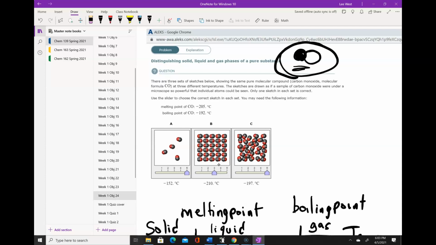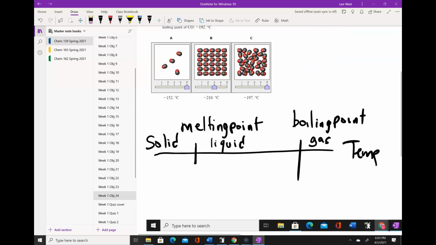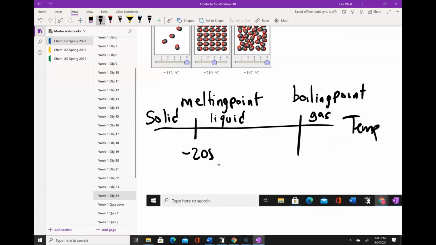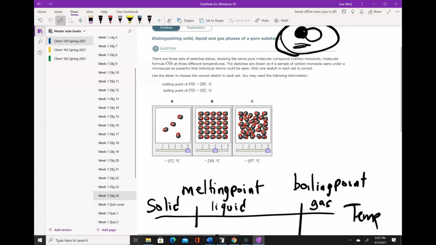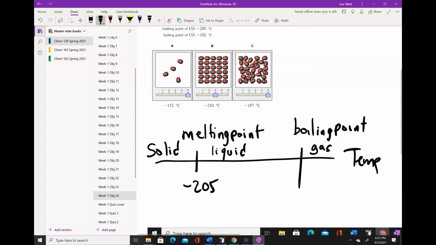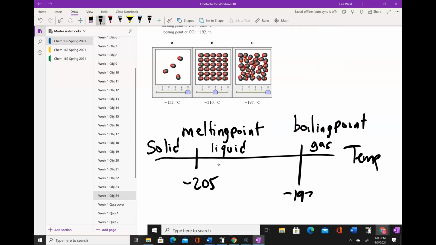The melting point of carbon monoxide is minus 205. So that means at temperatures lower than minus 205, we'll have a solid. The boiling point of carbon monoxide is minus 192.